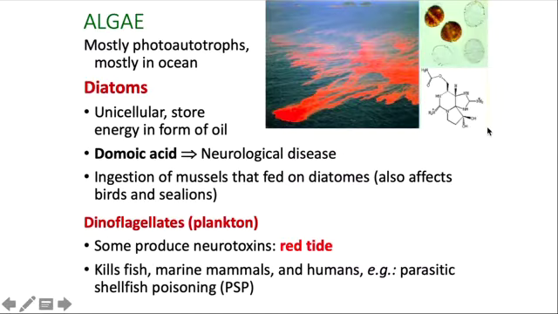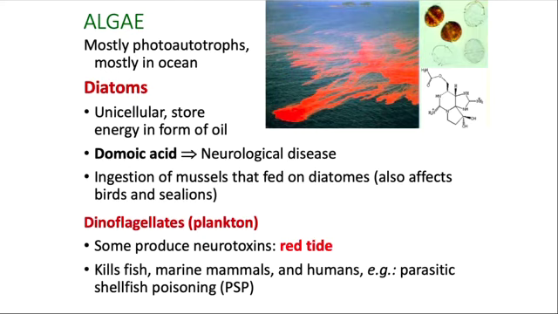The last slide is on algae. So algae are mostly phototrophic, and you find most of them in the oceans. They are unicellular, and they store energy in the form of oil. So if you look at the diatoms, the group of algae, they are unicellular.